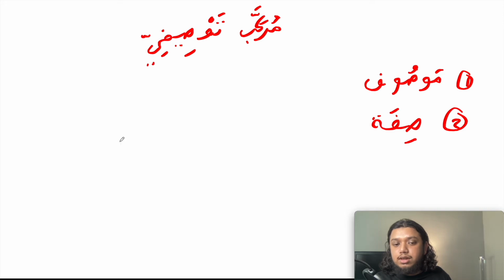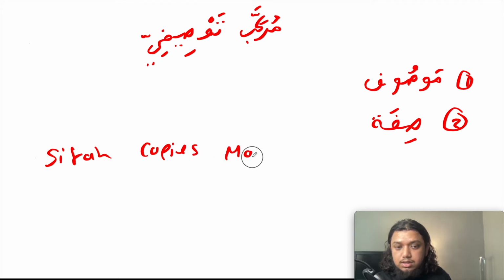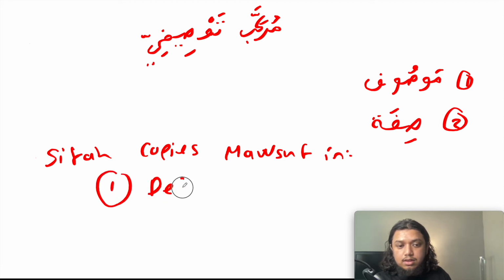and we learnt that the sifah copies the mawsuf in definitude. It copies it in other things too, which we will learn in further lessons, but for the time being you need to understand that if the mawsuf is definite, then so is the sifah.